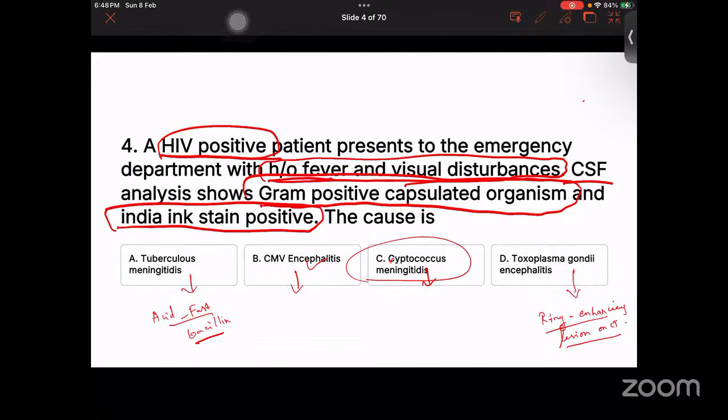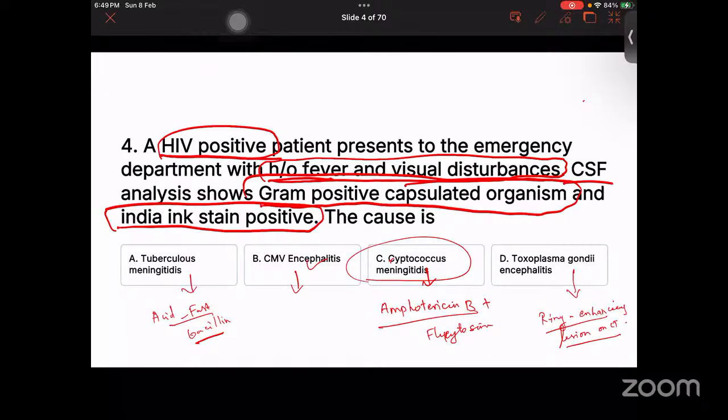And the treatment of choice for the patient with cryptococcus meningitis is amphotericin B plus flucytosine for induction, followed by fluconazole for consolidation and maintenance therapy.